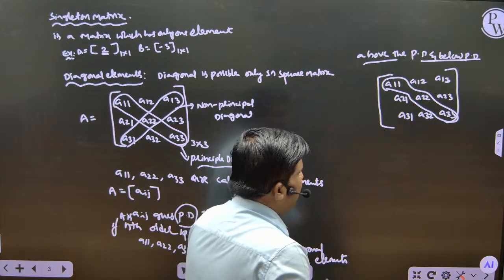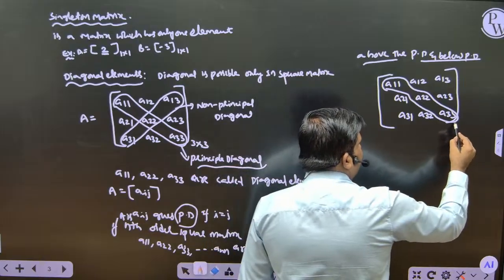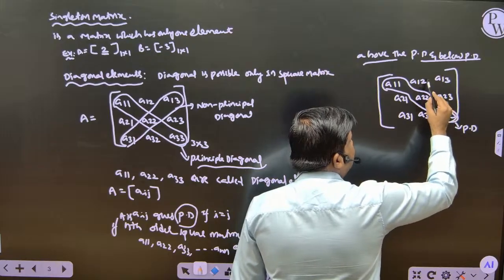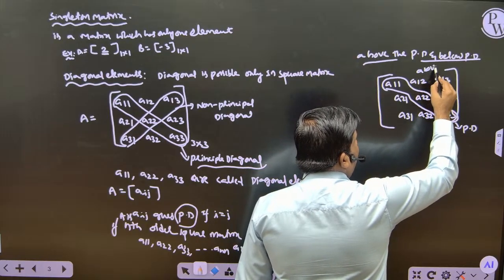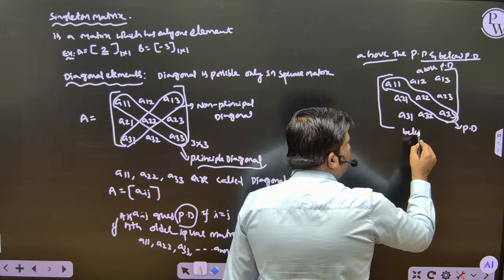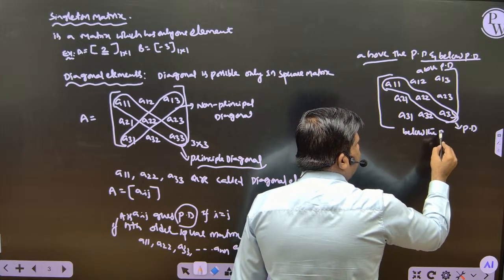This is the principal diagonal, or simply the diagonal. These elements are above the principal diagonal. These elements are below the principal diagonal.